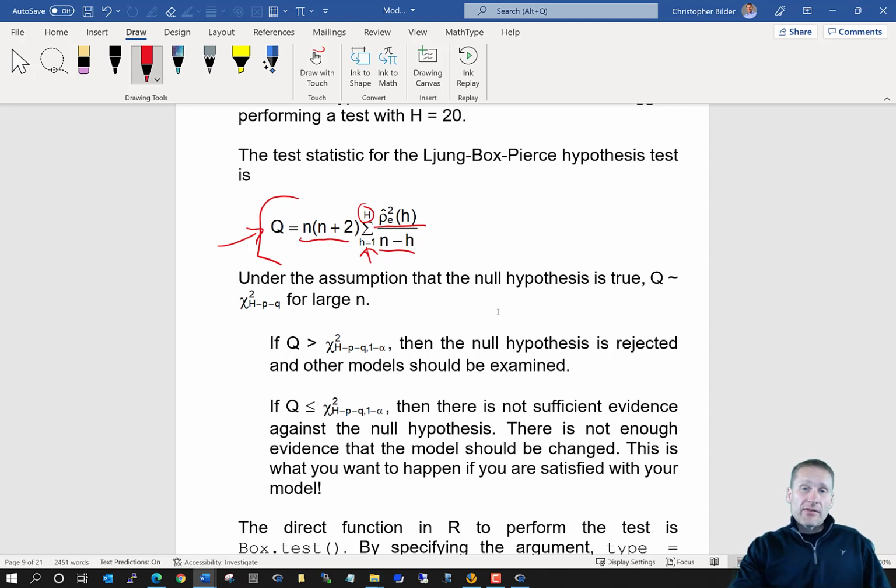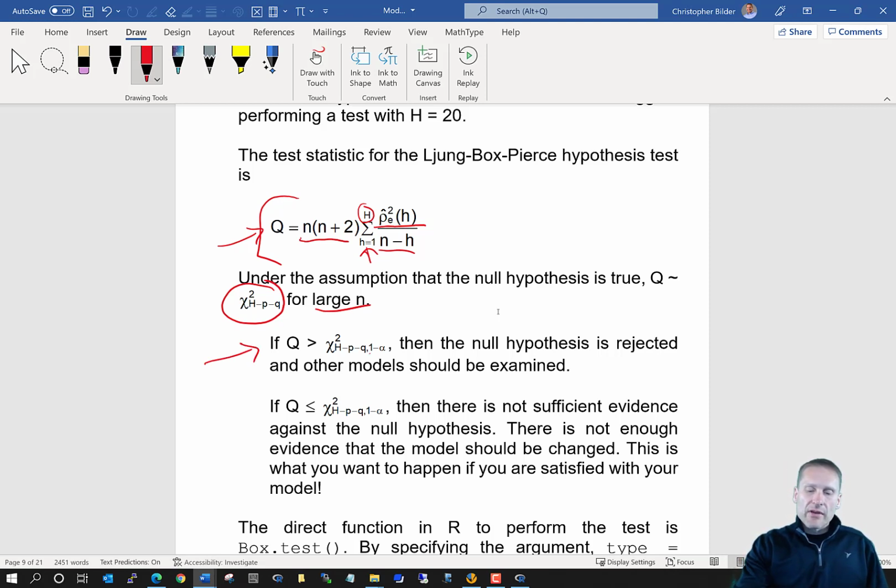Under the null hypothesis that there is no autocorrelation up to lag H, Q has an approximate chi-squared distribution with H minus p minus q degrees of freedom for a large sample size.